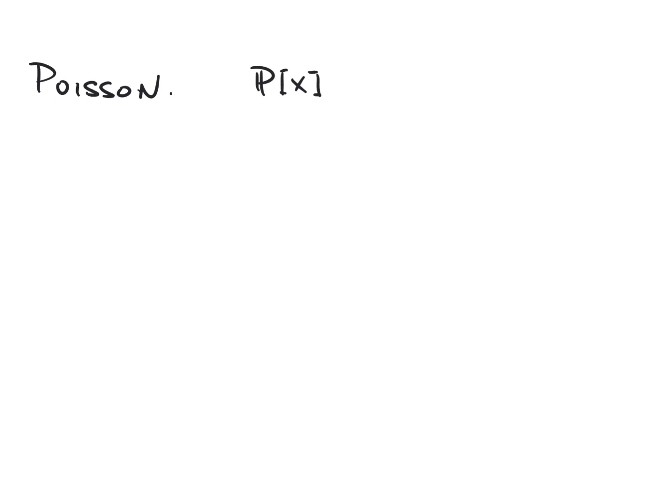If you're trying to sort out a word problem and figure out which distribution to use, there's going to be a limiting factor in the question. If the limit is the maximum number of customers, that sounds like binomial.